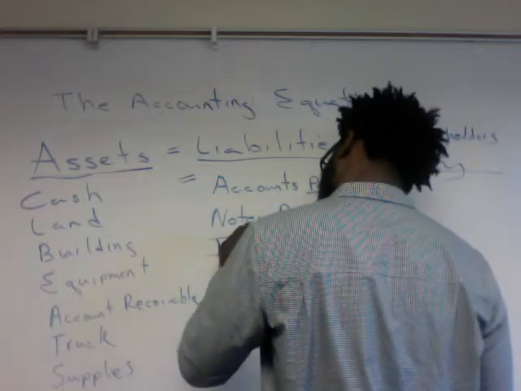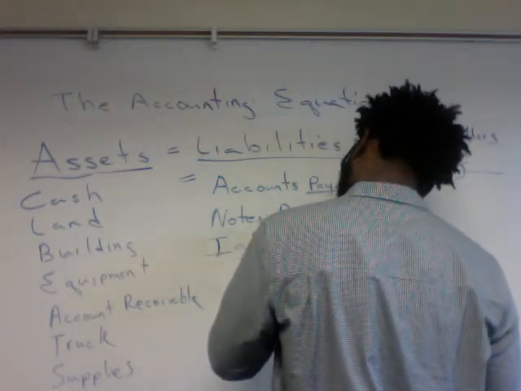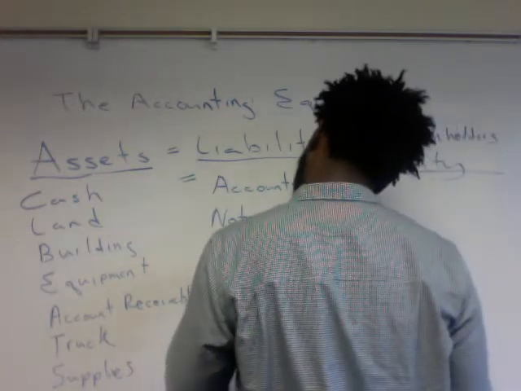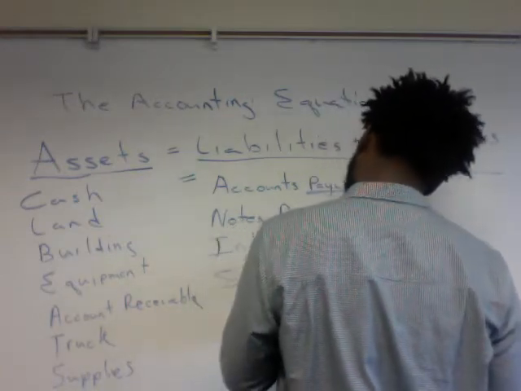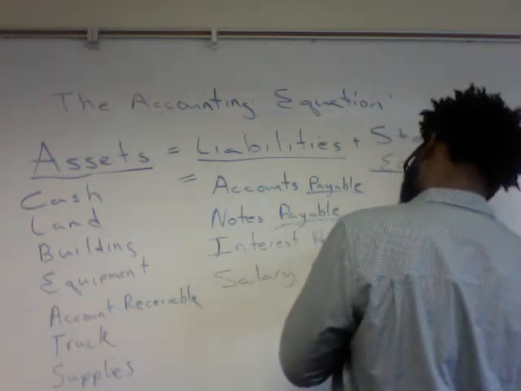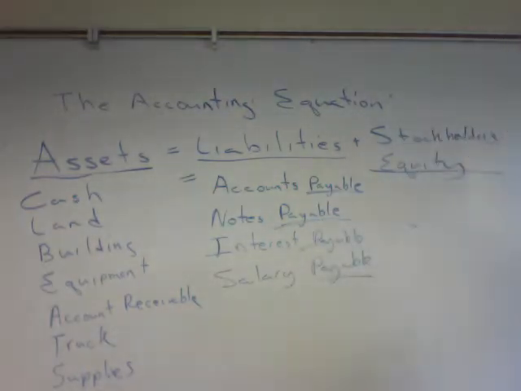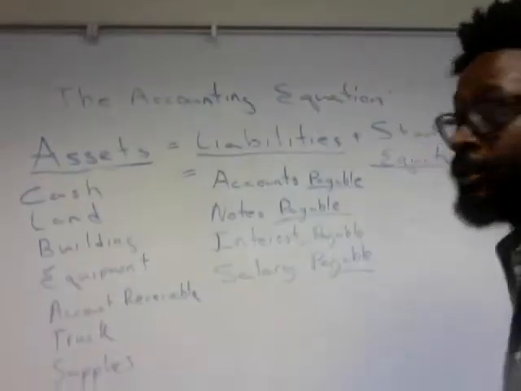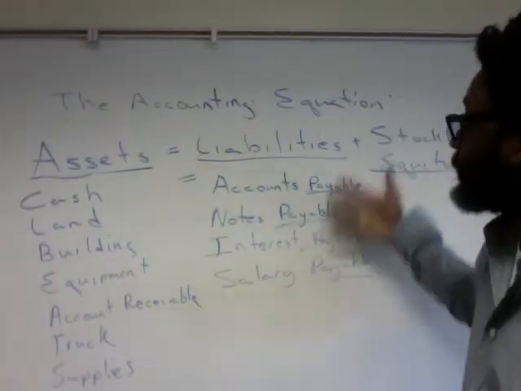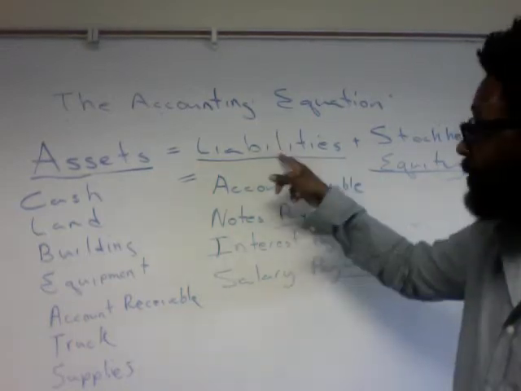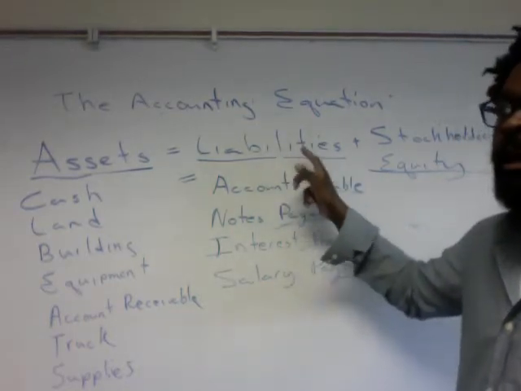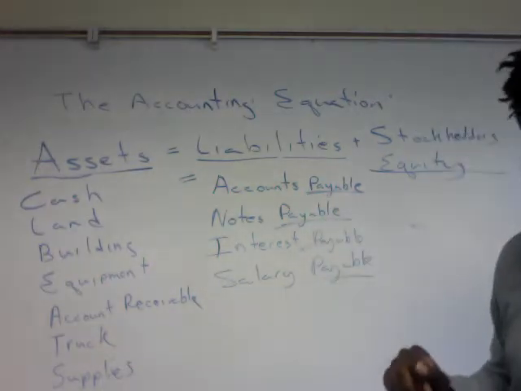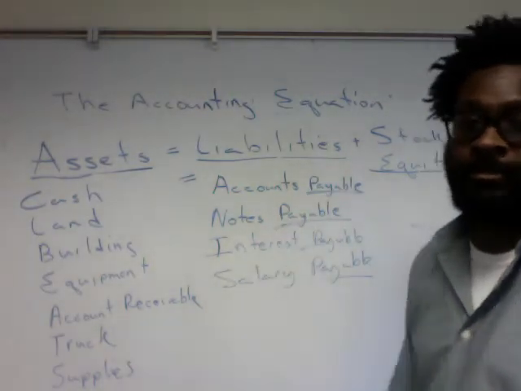Interest payable. Give you another. Salary payable. Payable, payable, payable. You guys are smart. I know you are because you're taking my class. So, payables. Last name payable. If it has a last name of payable, it will always be a liability. 90% of your liabilities have a last name of payable.